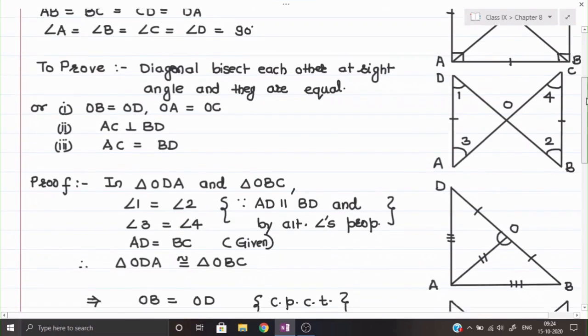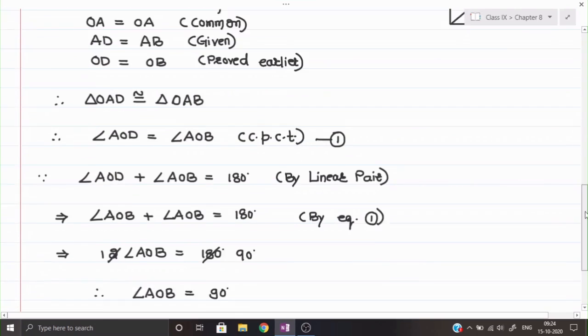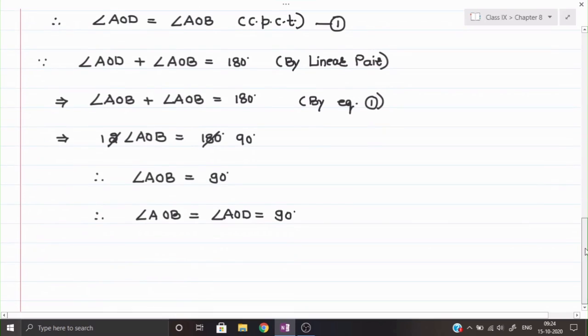And we can say that therefore the diagonals will be perpendicular. So this completes the second part of the question. This question is lengthy. So therefore we can say AC is perpendicular to BD. This completes the second part, and we can conclude over here.